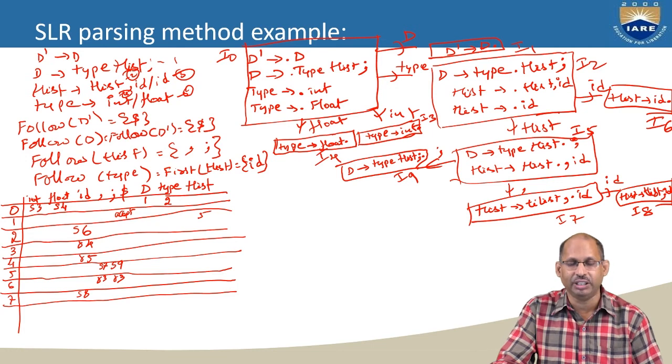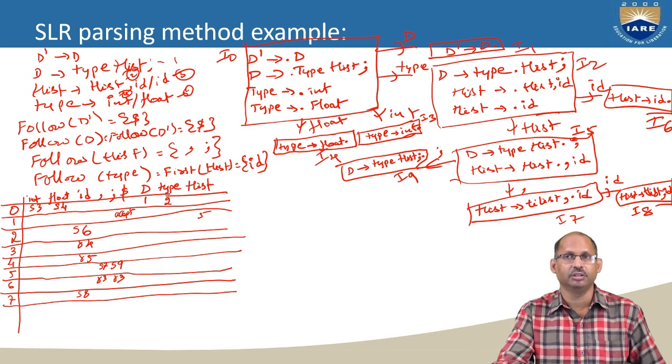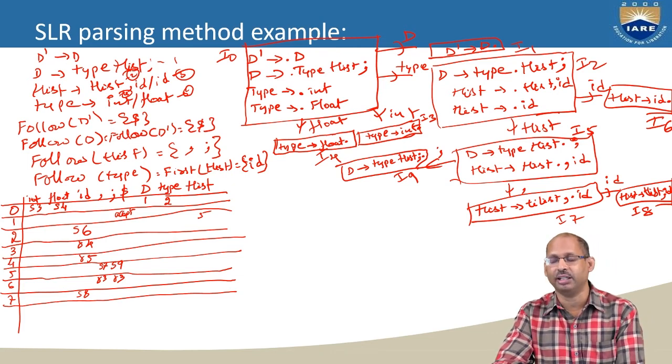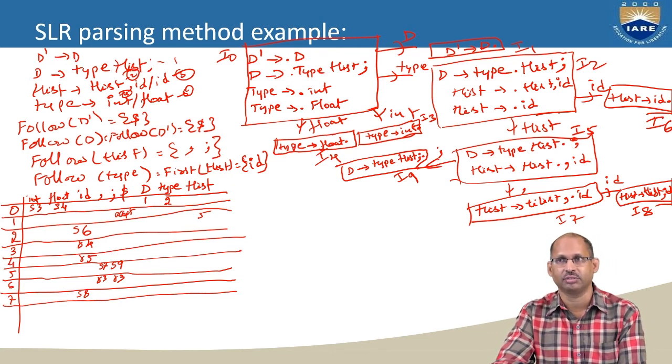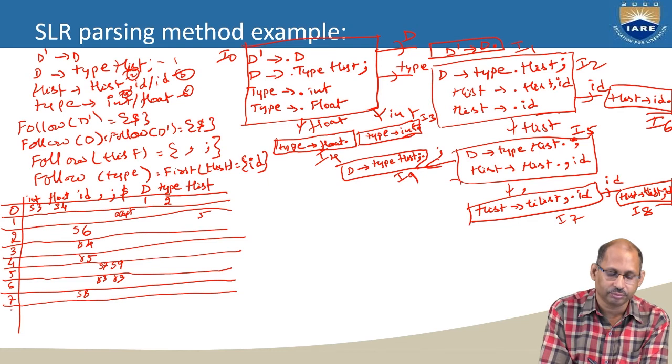So 7 on ID goes to S8, shift to state I8. Is it clear? I7 on ID goes to I8, so simply write S8.